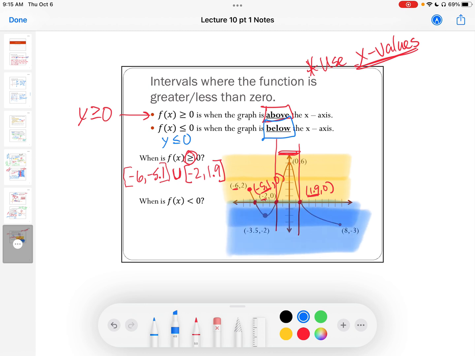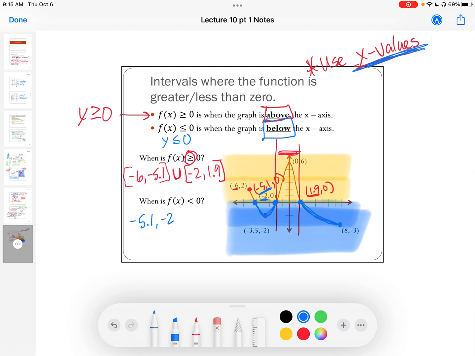Okay, so sections where it is below: from this point to this point, down here, it is below. And then from this point to this point, down here, it is below. Again, we are only going to be looking at your x values. So this point over here, we said was negative 5.1, all the way over here, which is negative 2. So from negative 5.1 to negative 2.